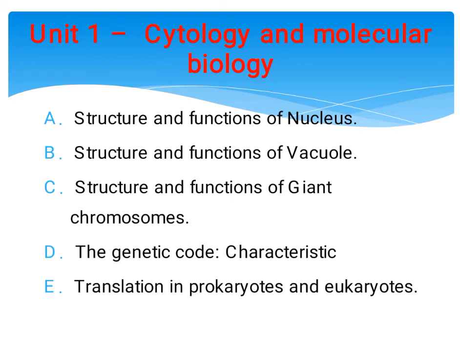Third is structure and functions of giant chromosomes. Fourth, the genetic code and its characteristics. And last one is translation in prokaryotes and eukaryotes. This total unit 1, cytology and molecular biology, is totally dependent on cell structure of plant.